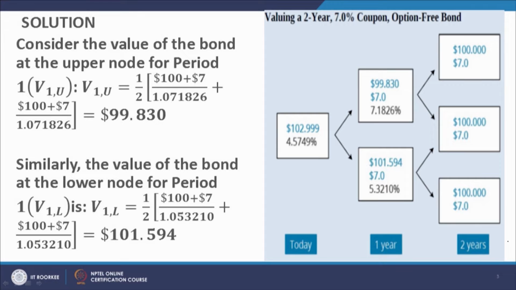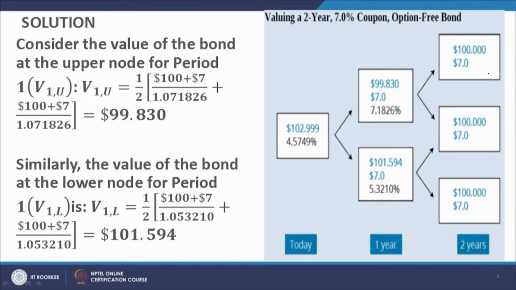Now, what are the various possibilities? The 107 that is going to occur at t equal to 2 has to be discounted back to t equal to 1. For that, we use the forward rate at t equal to 1, which covers the period t equal to 1 to t equal to 2, and we have two values for that rate.